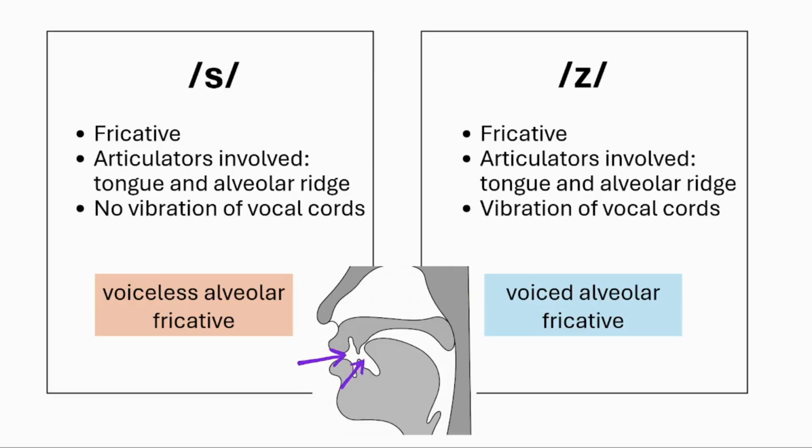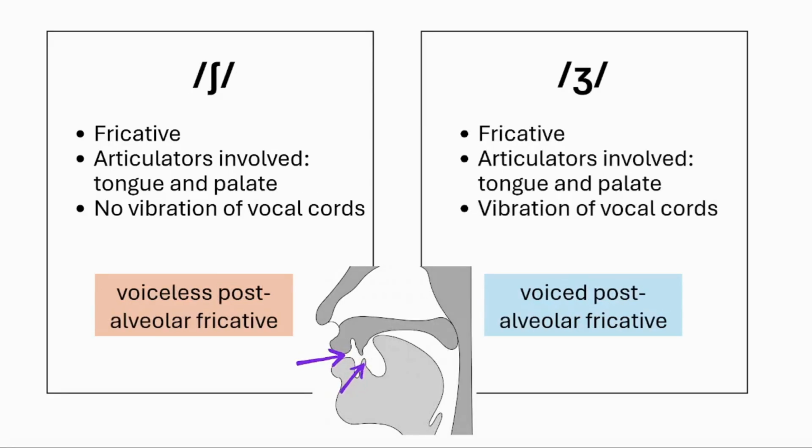In the case of the first one, the first sound in the word soup, there is no vibration of the vocal cords. This is why this sound is regarded as voiceless alveolar fricative. Its counterpart is the first sound in the word zoo. In this case, there is vibration of the vocal cords, and this is why it's called voiced alveolar fricative.